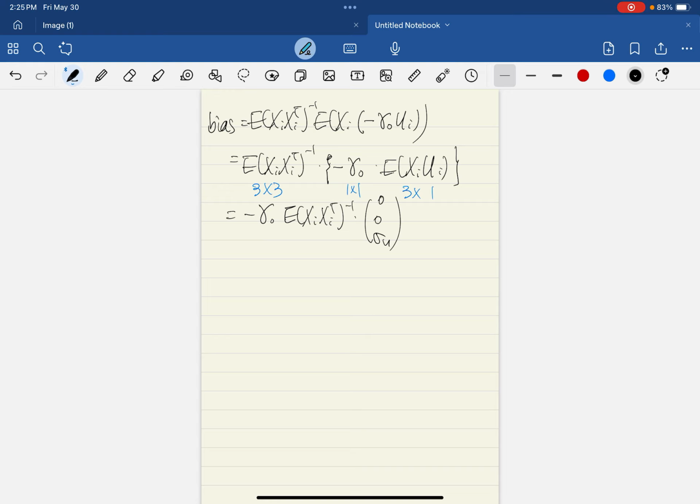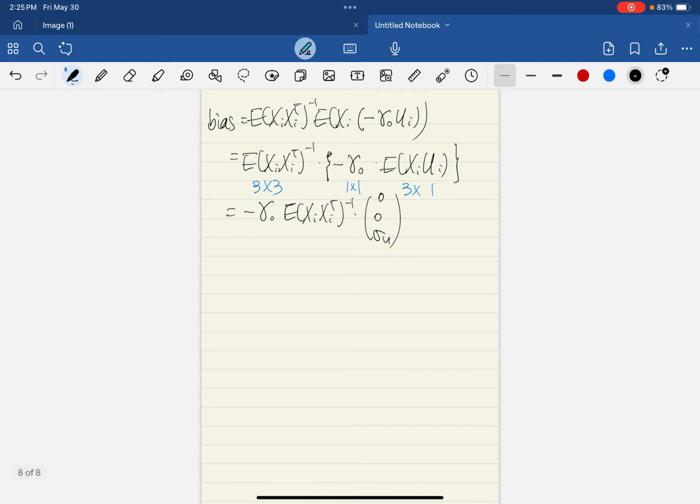Then you can calculate the misspecification bias, if you can calculate this part, right? Multiplication to the last term is not that hard, but the problem is it is not easy.